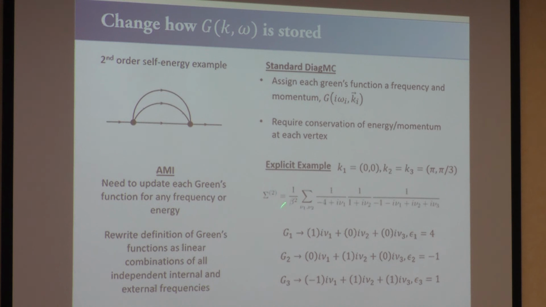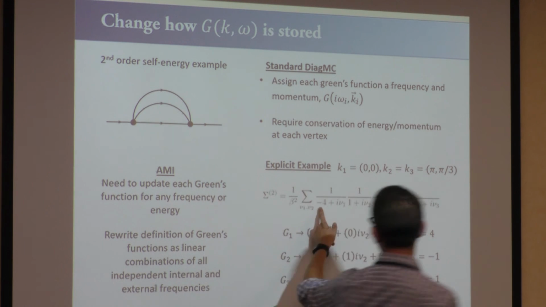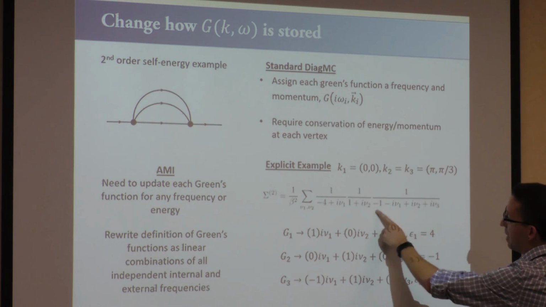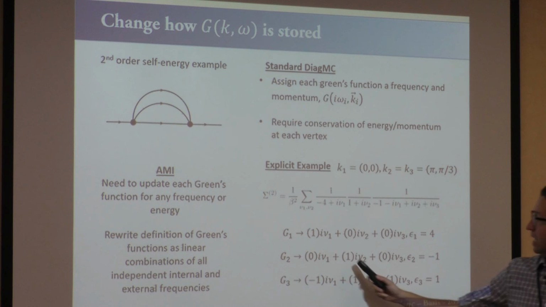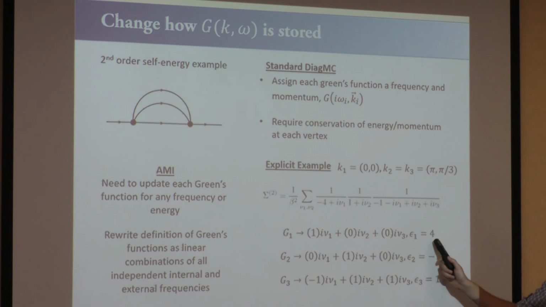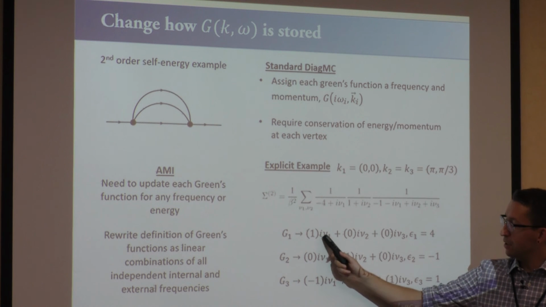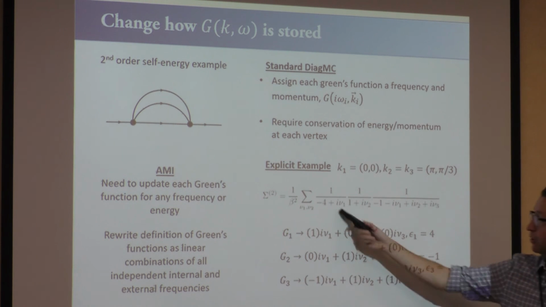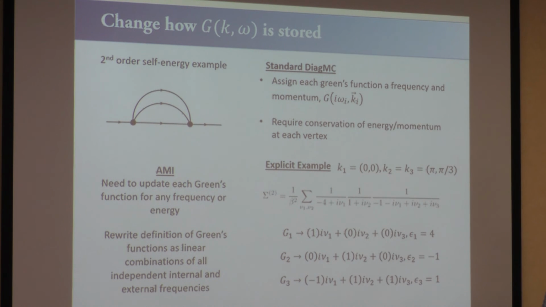So here's an explicit example where I have -4 as an energy, and I have a nu 1, I have a 1 and a nu 2, and I have a -1 and a set of frequencies. The first Green's function has an epsilon of 4, but it has a 1 times i nu 1, a 0 times i nu 2, and a 0 times i nu 3. It's just a linear combination of i nu 1, i nu 2, and i nu 3. And we do that for all of them.